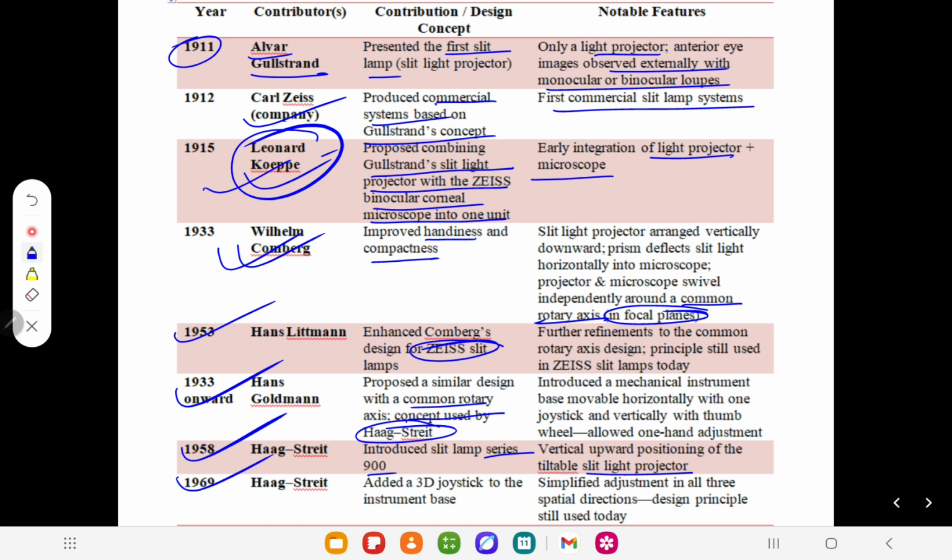They added a 3D joystick to the instrument base, which is a very important thing. It simplified the adjustment of all three: spatial, direction and design principle. We, the current generation, think it's very easy that we have 3D joysticks, but all credit goes to Haag-Streit for developing that joystick, and because of it our life is easy, isn't it?